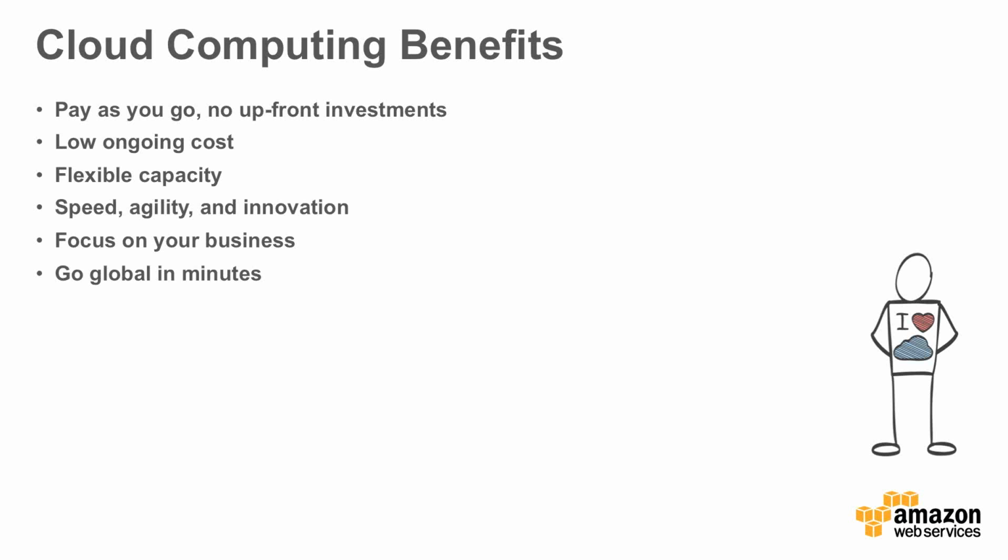Capacity should be truly elastic, which means you can scale up and down instantly as needed. It should allow you to move very quickly and provision servers in minutes, and finally, allow you to focus and allocate resources on the areas that differentiate your business instead of infrastructure required to run them.